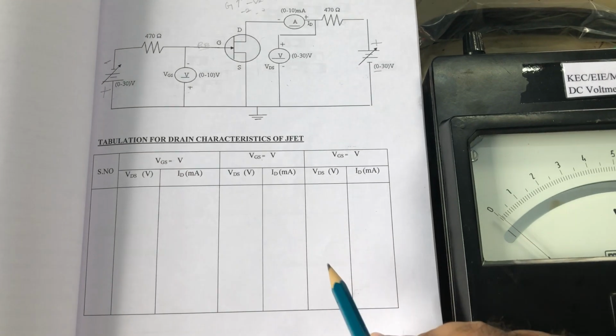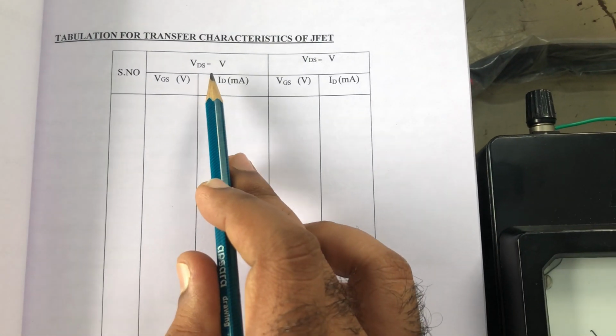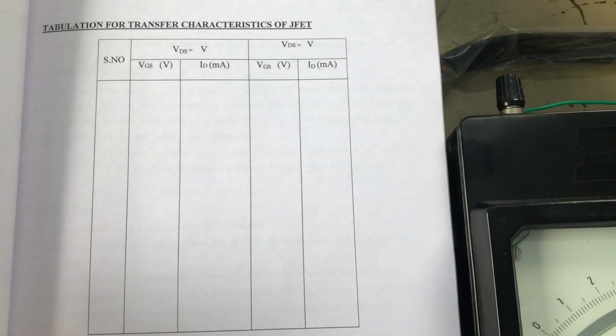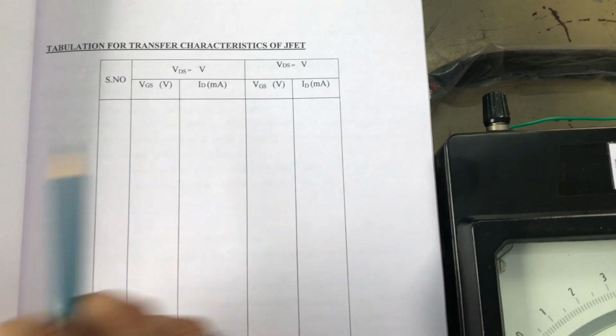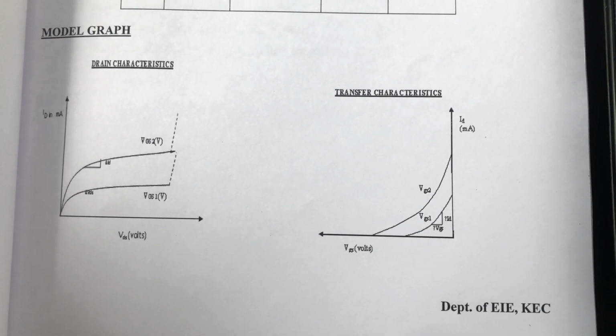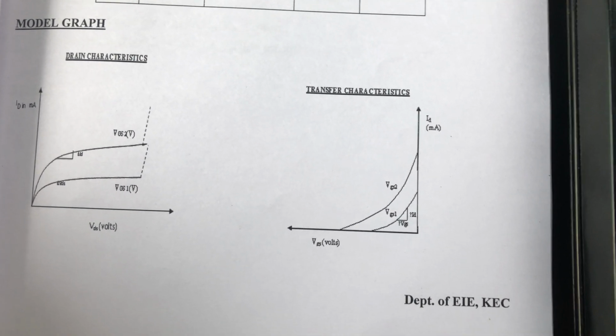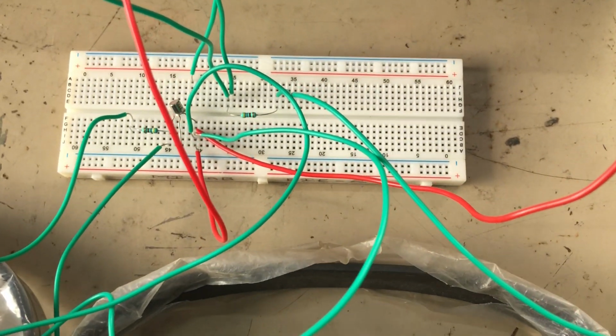This is drain characteristics. For transfer characteristics, VDS, the drain to source voltage, is kept constant, and we have to increase VGS. And this is the graph for drain characteristics and transfer characteristics. So we will see in the experiment. As per the circuit diagram, the connections are given.